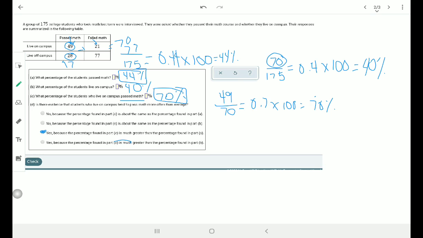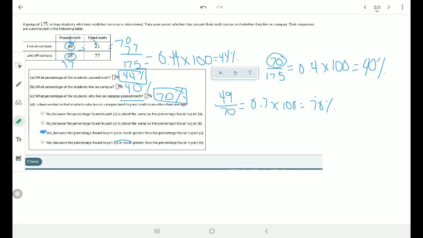This 40% has nothing to do with math, so that doesn't go into our consideration when we're talking about how many students are passing math. So I would say yes, because the percent found in part C is much greater than the percent found in part A. Hopefully that helps you out with that question.